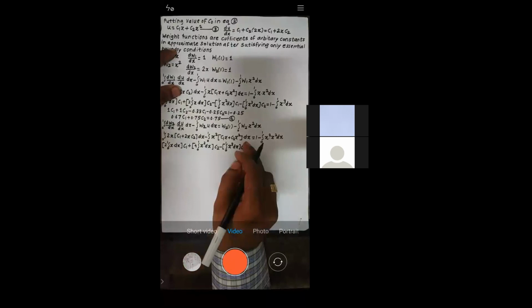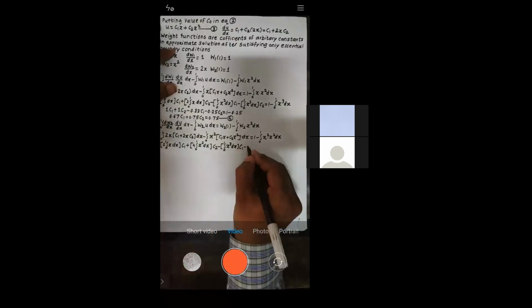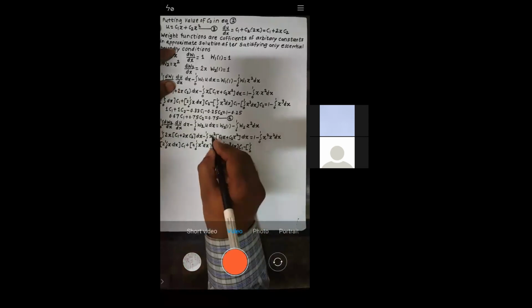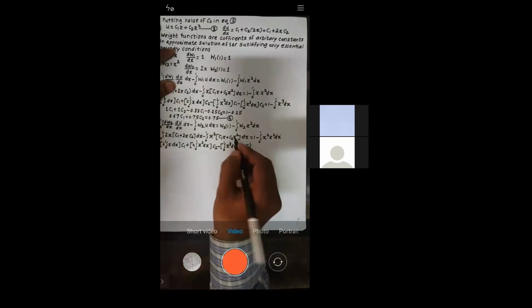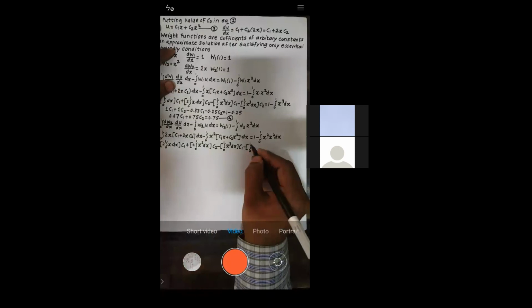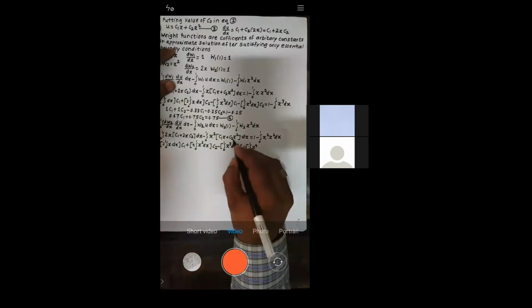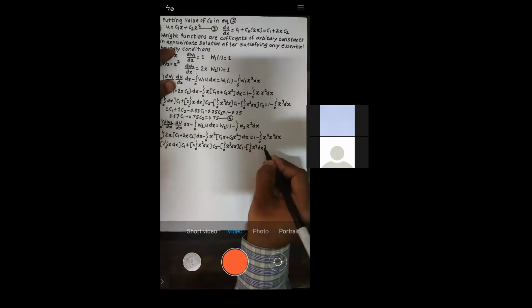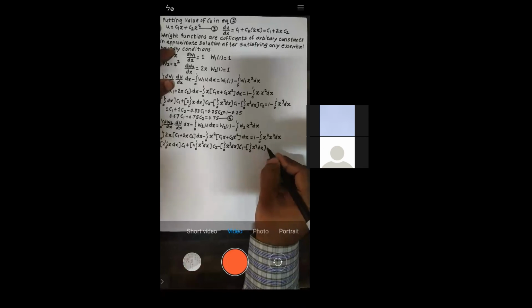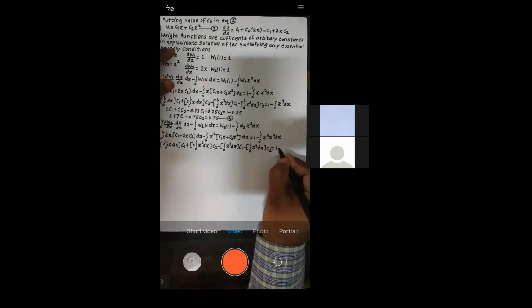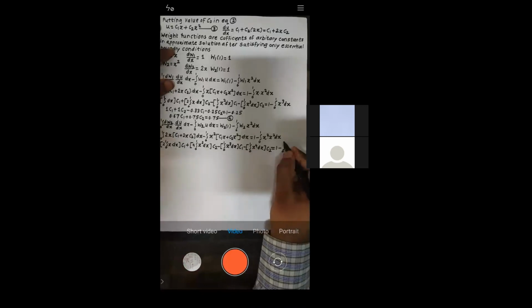Again minus integration 0 to 1, this x square and this x square. So this is x raised to power 4 into dx to the coefficient c2, is equal to 1 minus integration 0 to 1 x raised to power 4 dx. Is it okay?